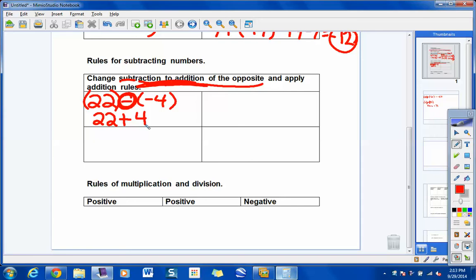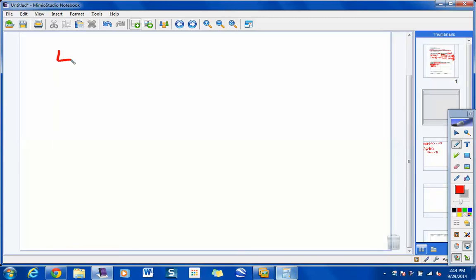If I have the number 4, what's its opposite? Negative 4, right? Listen to what I just said here. 4, so the opposite is negative 4, right? You guys agree with that?